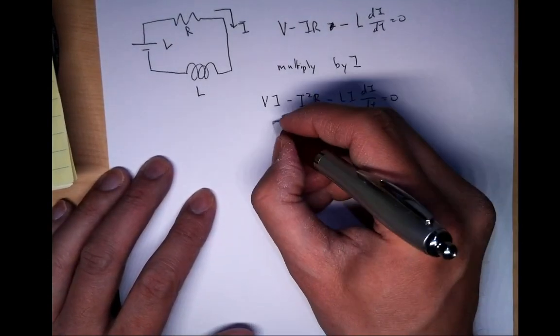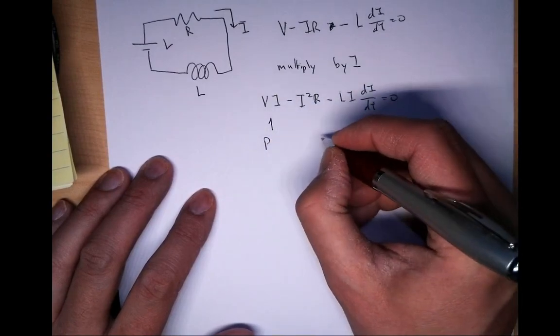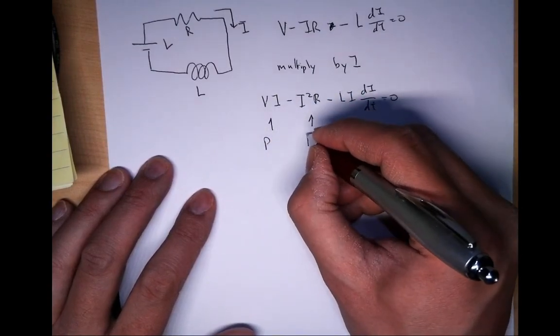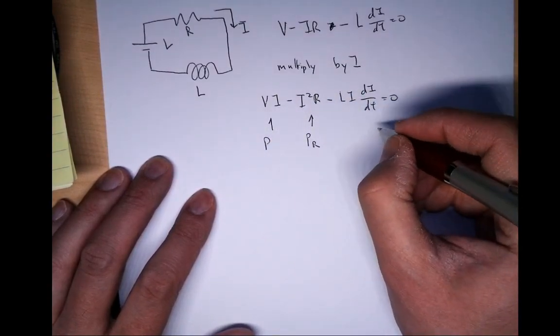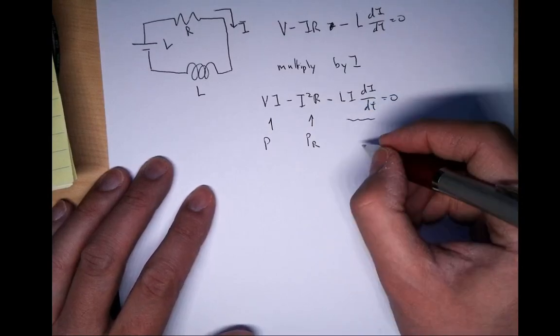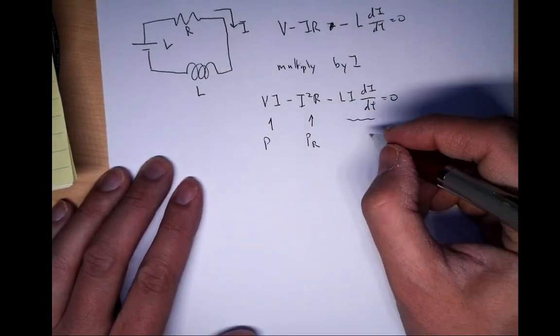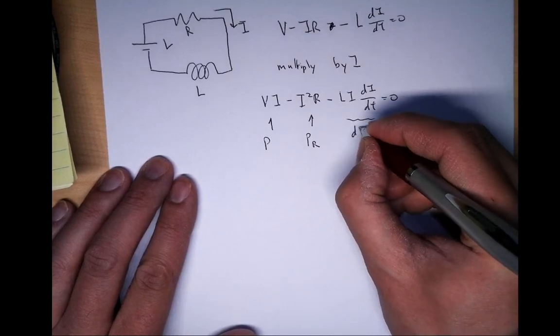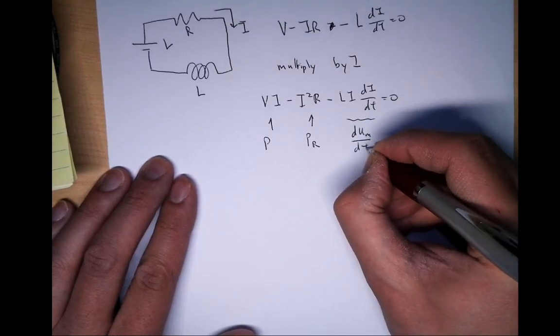So what is this? This is the power dissipated by a resistor. And so this must be some power that's stored in the inductor. I'll call it dU_m/dt.